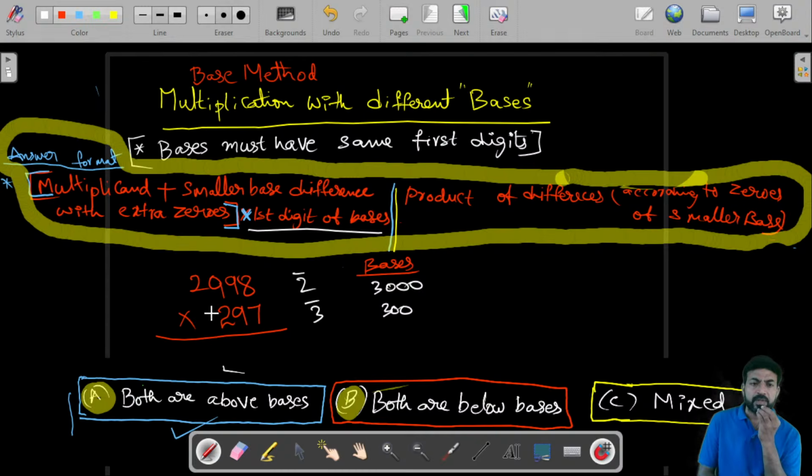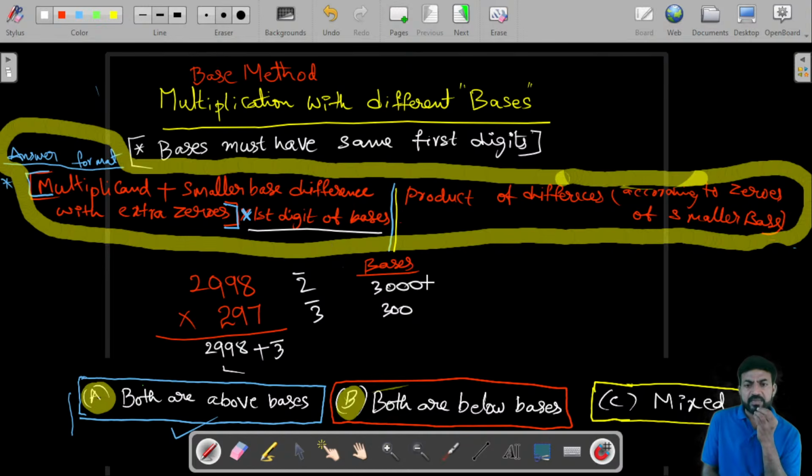Now as usual, multiplicand plus smaller base difference with extra zeros. What is the multiplicand here? 2998, plus this negative number, but with extra zeros.